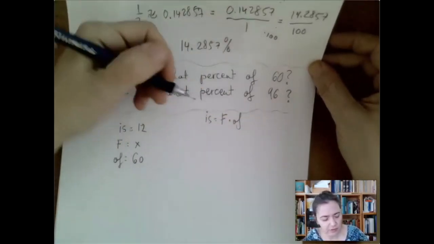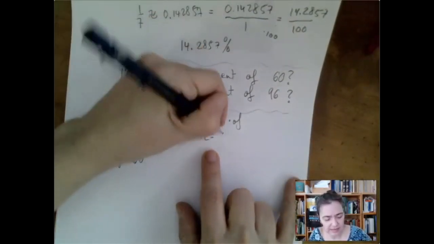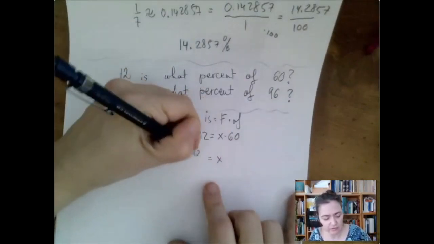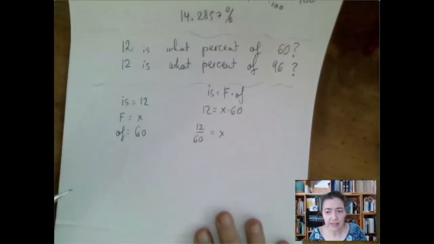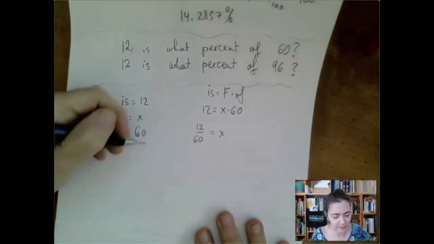So this formula becomes 12 equals x times 60. Solve for x. x is 12 over 60, which simplifies to 1/5, but that's not the question. If I say what fraction, the answer is 1/5, right?